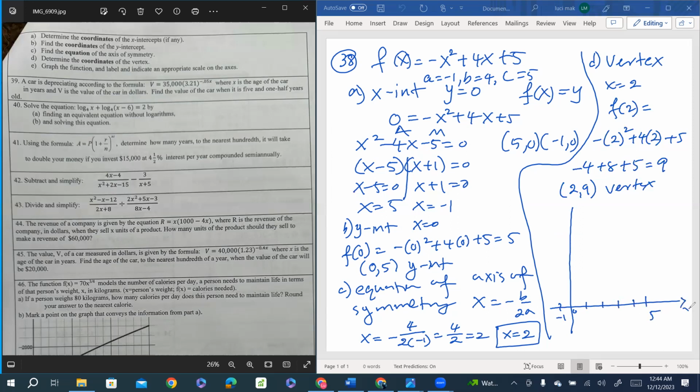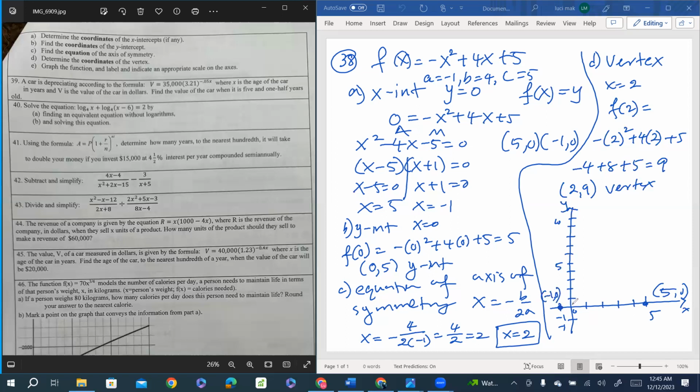That's our x axis. Then 1, 2, 3, 4, 5, 6, 7, 8, 9, 10, I'll go up to. Those are the y values. We also can go to negative 1 if you want. First, 5, 0 is here. That's our 5, 0. And then negative 1, 0 is this one here.